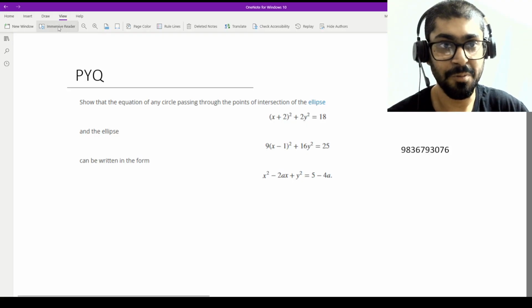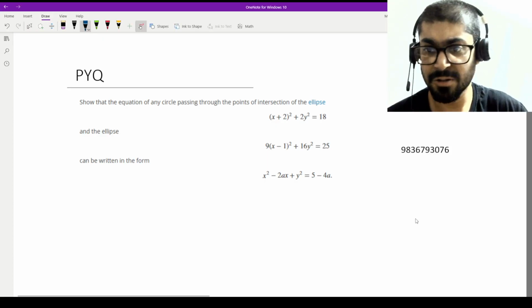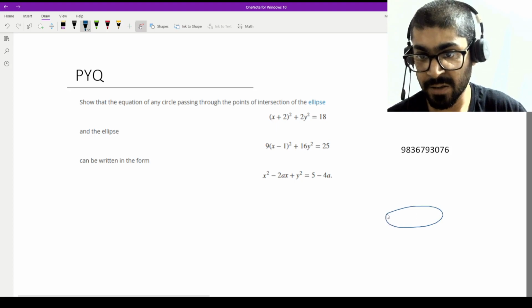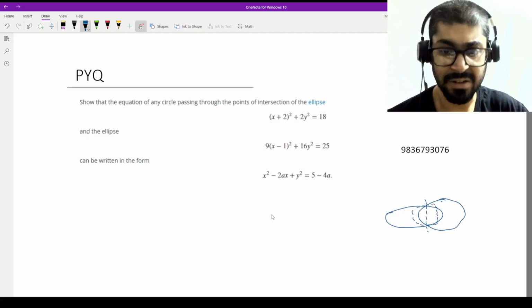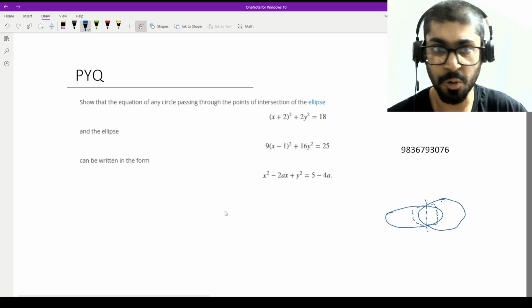Which way they will intersect, we can infer from the diagrams, but just so you know, it can be like this. There is an ellipse like this, there is another ellipse like this, and these points are getting intersected, so you have to draw a circle through here and then figure out the equation of the circle.